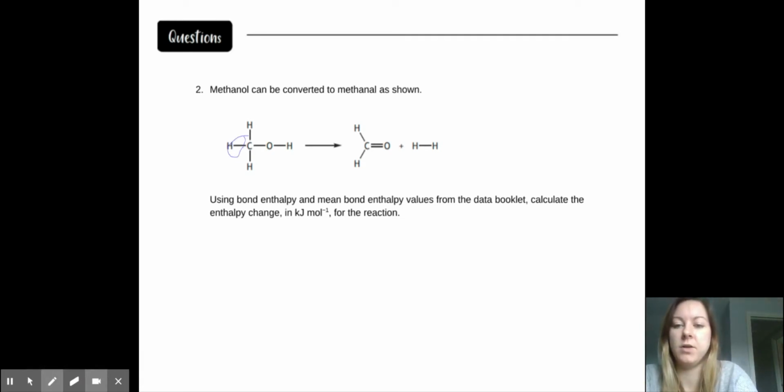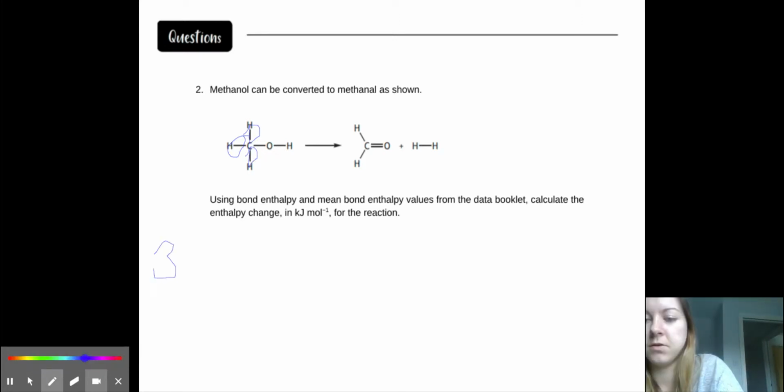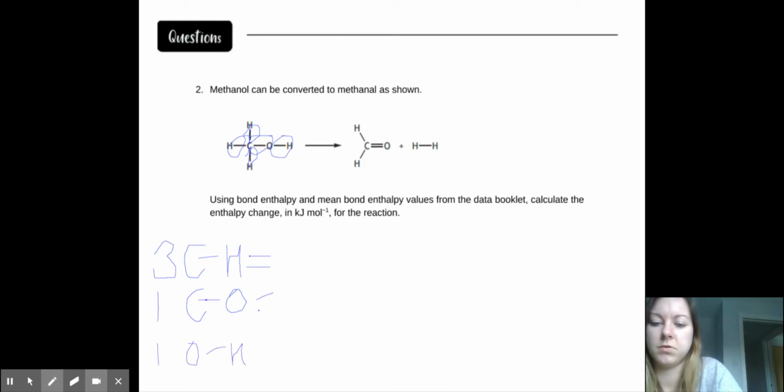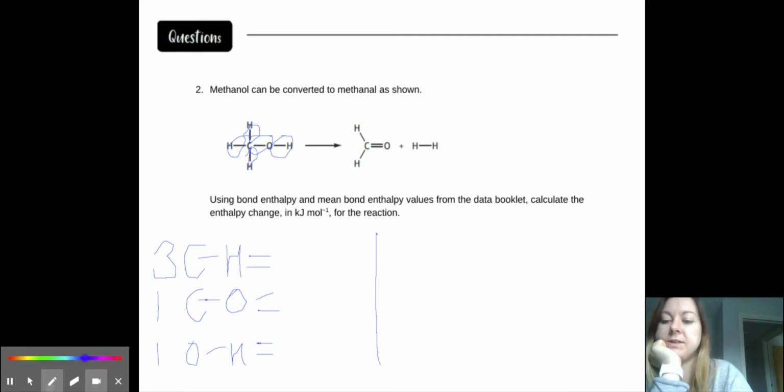So we have 3 carbon to H's, and we have 1 C to O, and we also have 1 O to H. So that is our bond breaking side.